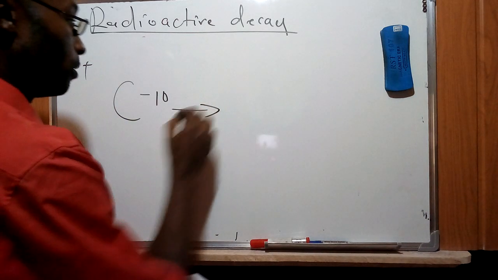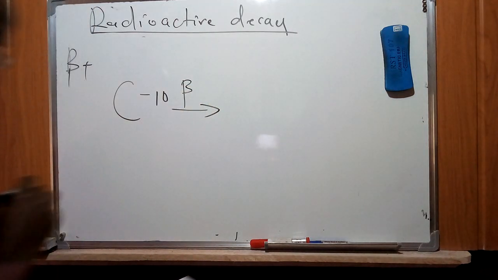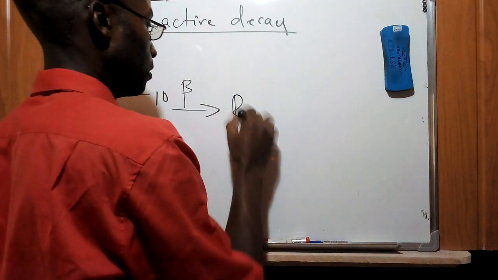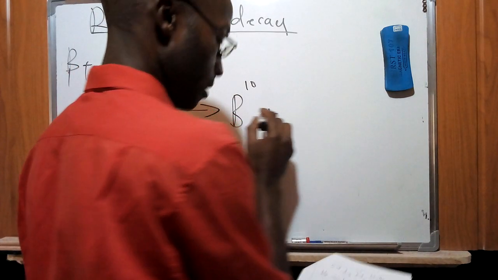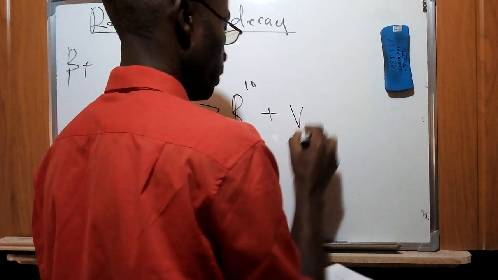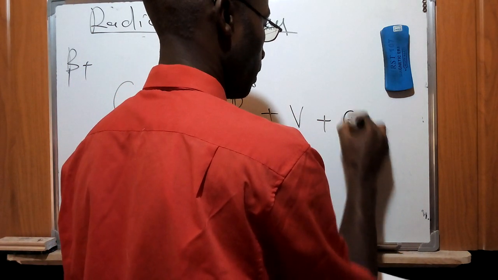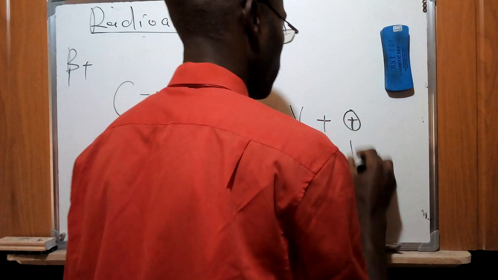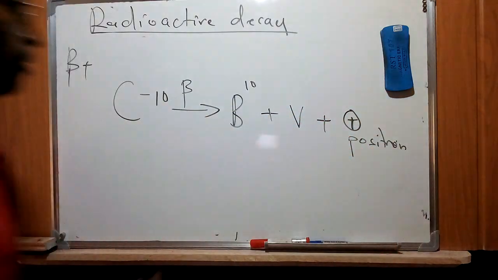So if it undergoes a beta decay in that case, we're going to have boron plus what we call a neutrino, which is represented as that, plus a positron, which is a positively charged electron, or the antimatter of an electron.